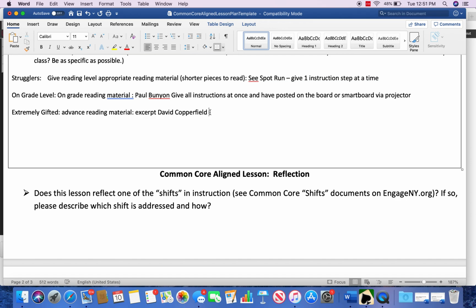Now, you're not giving them extra work, but you're giving them more critical thinking skills to expand, because they can work through this pretty quickly. So you don't want them to finish within 5 minutes and then be sitting there bored out of their gourd, because once they get bored, they become frustrated and then they start creating their own stuff, and that's usually not pleasant.